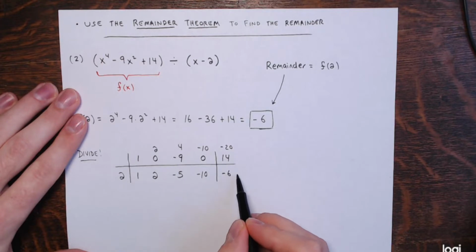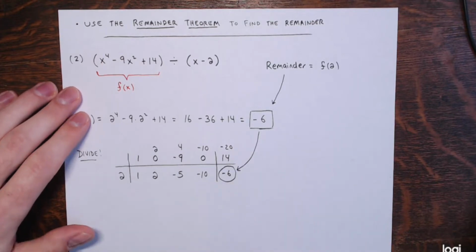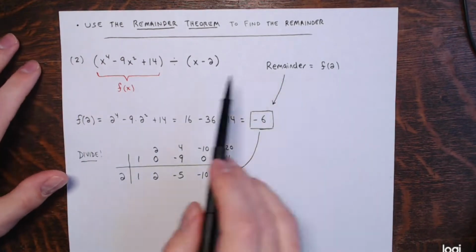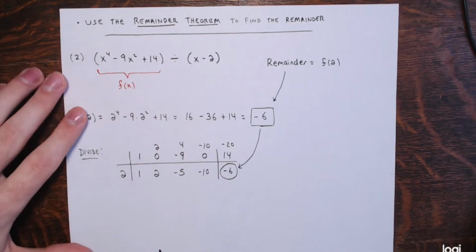Oh my goodness. Exactly the same. Which we said it would be, right? We said the remainder should be the value of that numerator, the value of the dividend at x equals 2, since I was dividing by x minus 2.